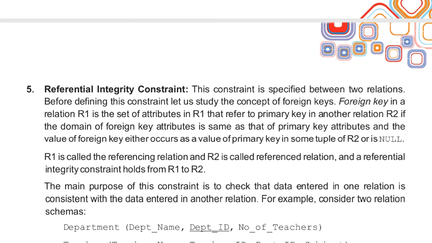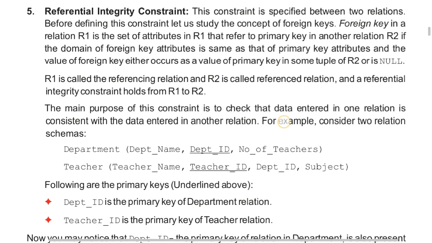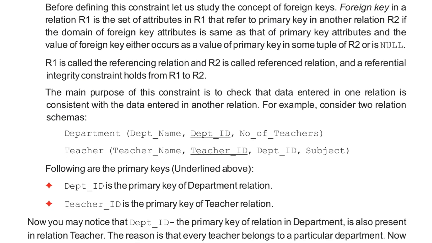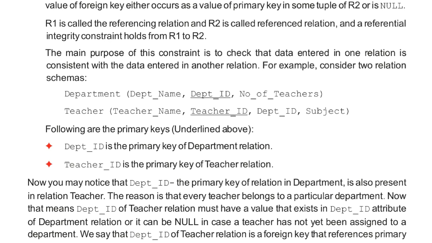Next is the referential integrity constraint. For this, let us consider an example of a department relation and a teacher relation. In the department relation I have taken the attributes department name, department ID and number of teachers, and in the teacher relation I have taken the attributes teacher name, teacher ID, department ID and subject.